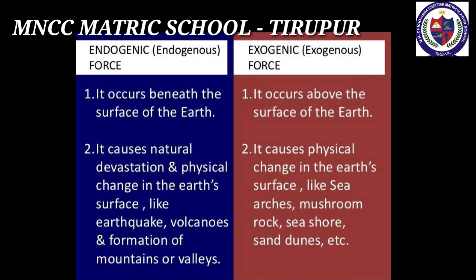The earth's movements are divided on the basis of the forces which cause them. The forces which act in the interior of the earth are called endogenic forces, like volcanoes, earthquakes, etc. The forces which occur above the surface of the earth are called exogenic forces, like sea arches, sand dunes, etc.